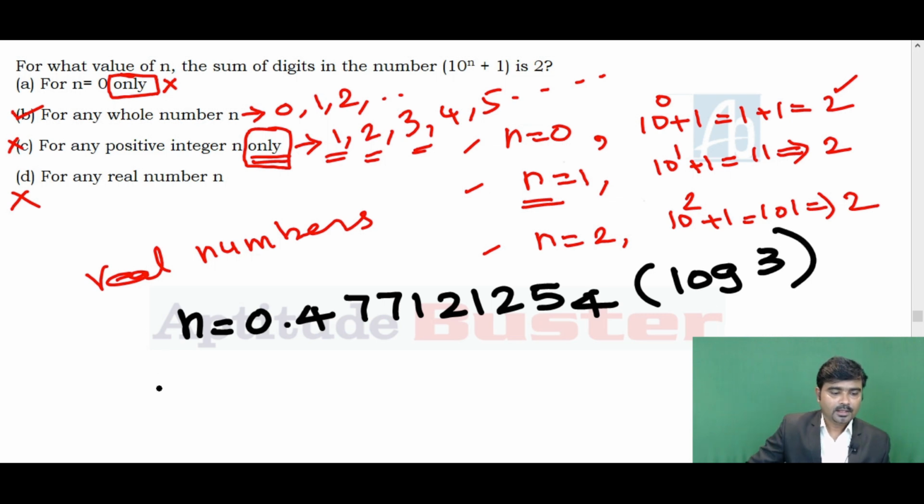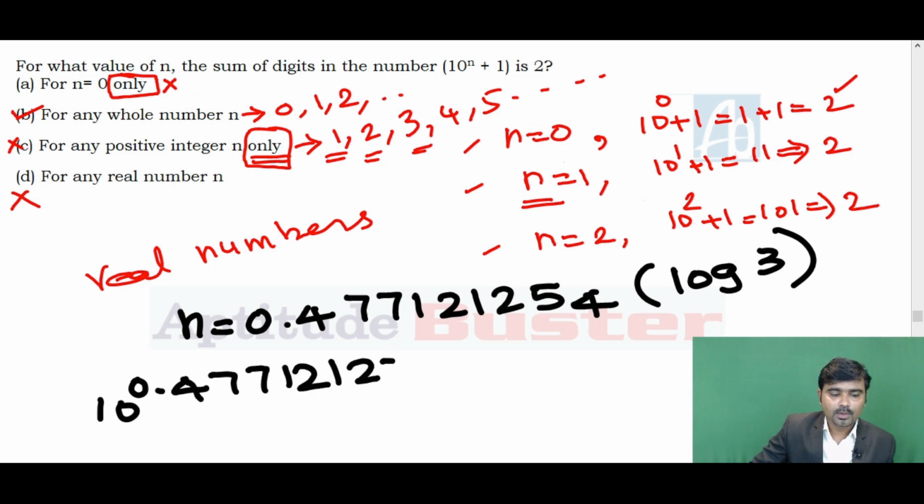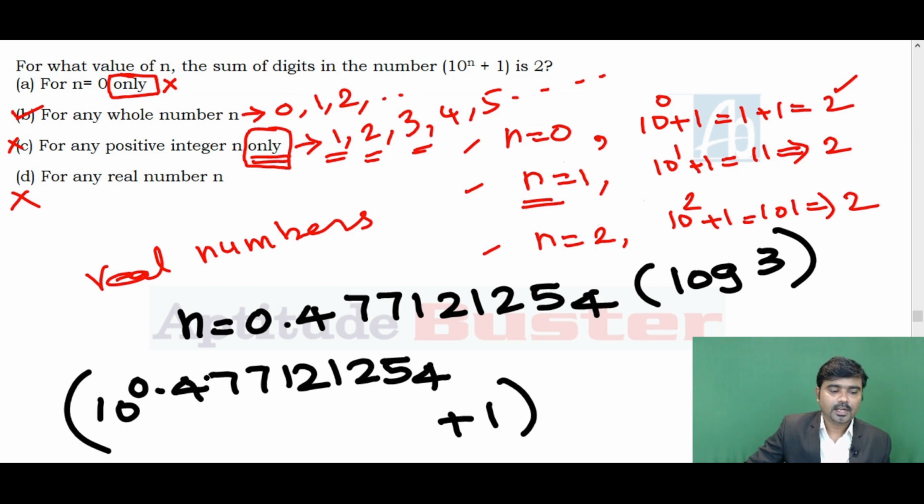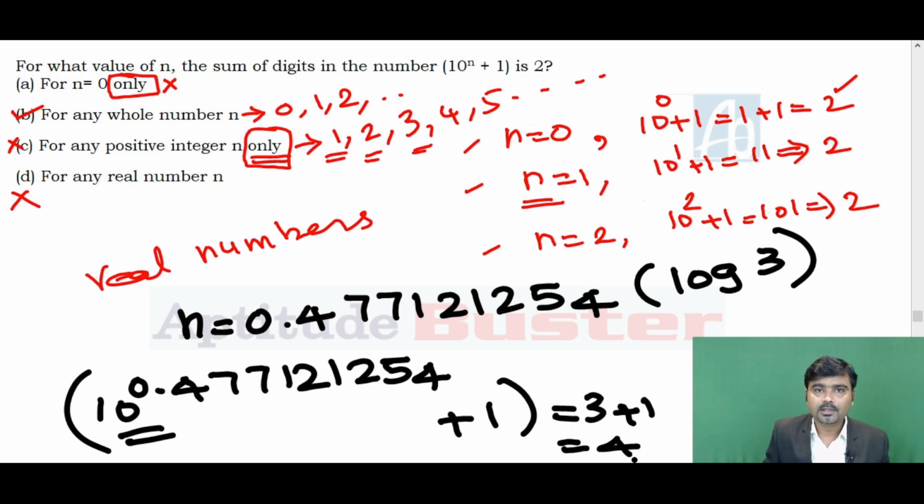Here if I write 10 power 0.477121254 plus 1, 10 power n plus 1 is equal to, this value is 3, plus 1, this gives you 4. The sum of the digits is 4, but what's the question? The sum of the digits in the number is 2, so it does not always satisfy.